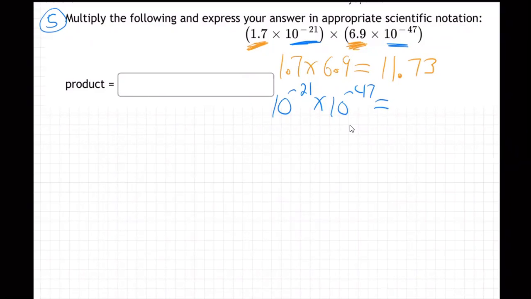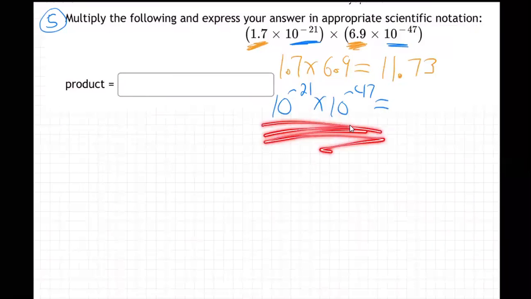Here's a great teaching moment, especially for you who are becoming teachers. I really want to encourage you to teach younger folks that math is about truth and patterns. So if you're doing something in a math course like this and you're like, I don't remember, what do I do?